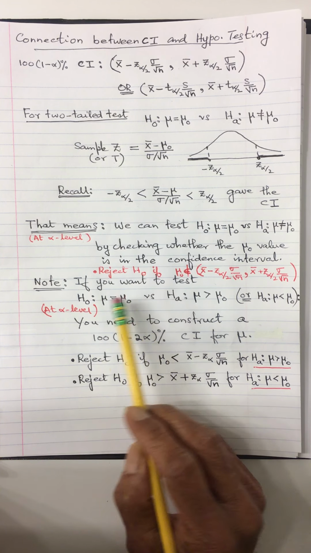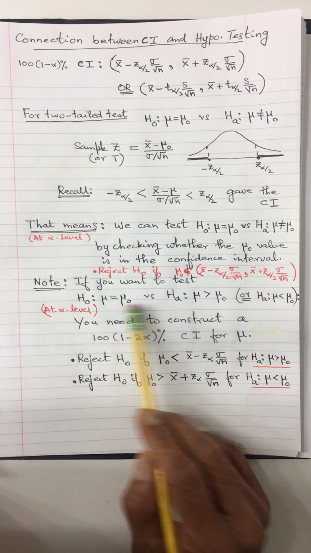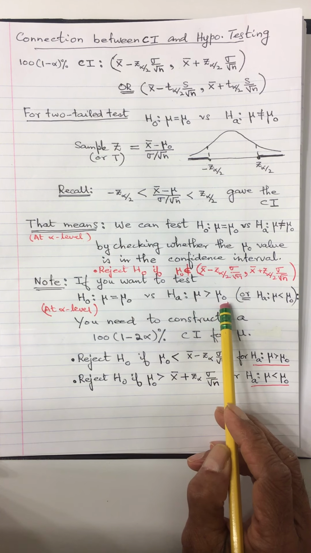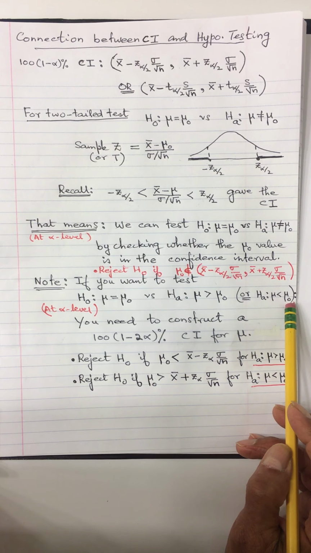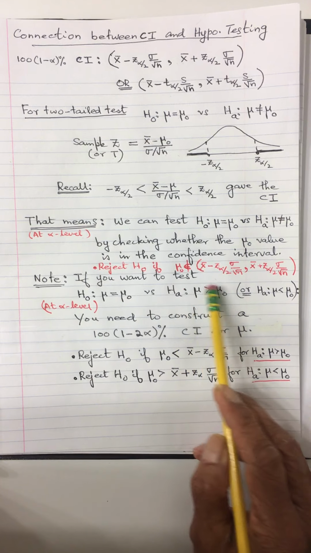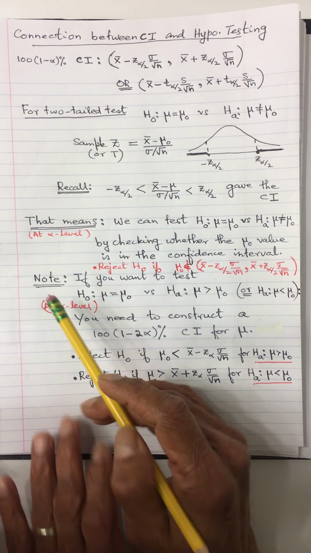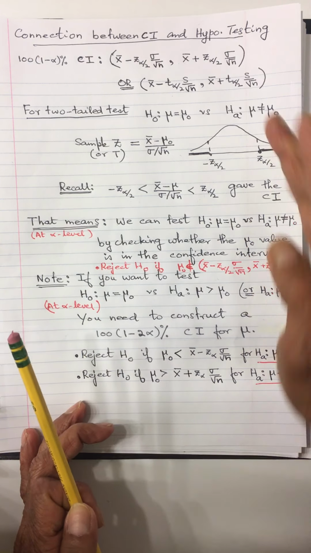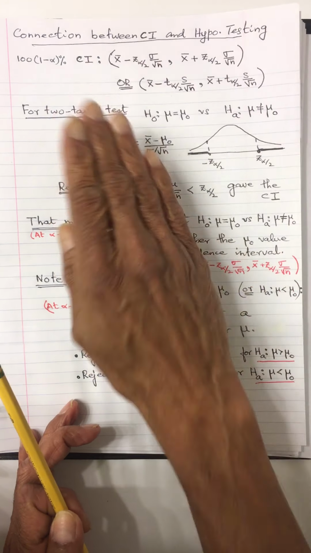If you're looking at a one tail test, either the upper tail or the lower tail, you remember that when you're doing the one tail test, you put the whole alpha level into one side, either this side or the other side.